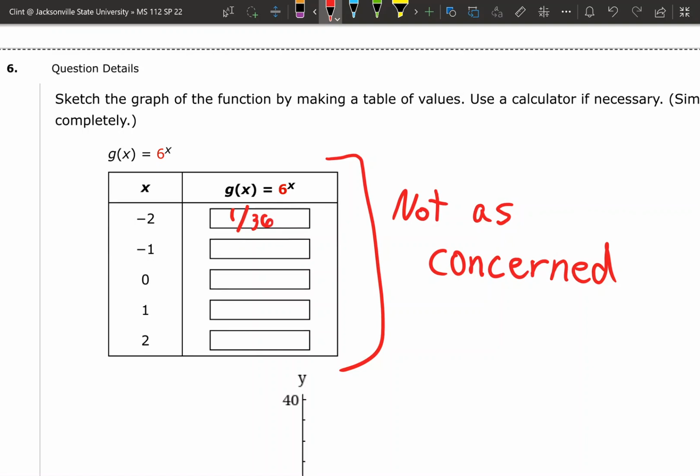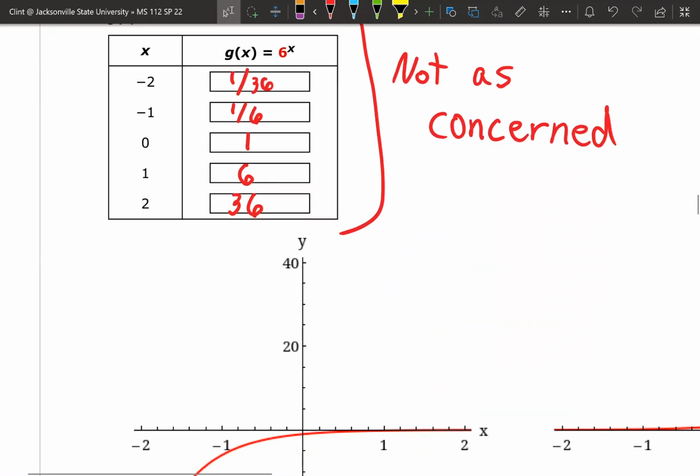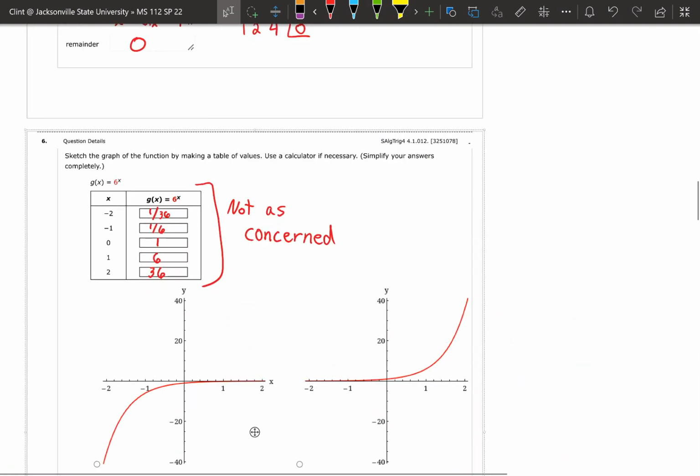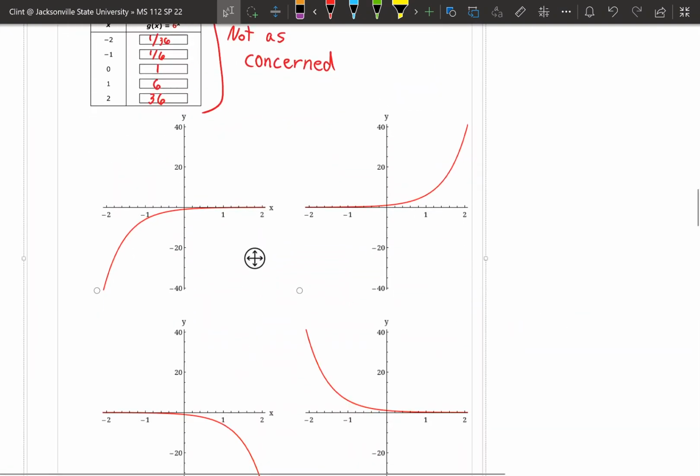And you just plug in the calculator on these. So it's just 6 to whatever power. Part I'm more concerned about is picking out which graph would match up. And it's just getting the general shape.